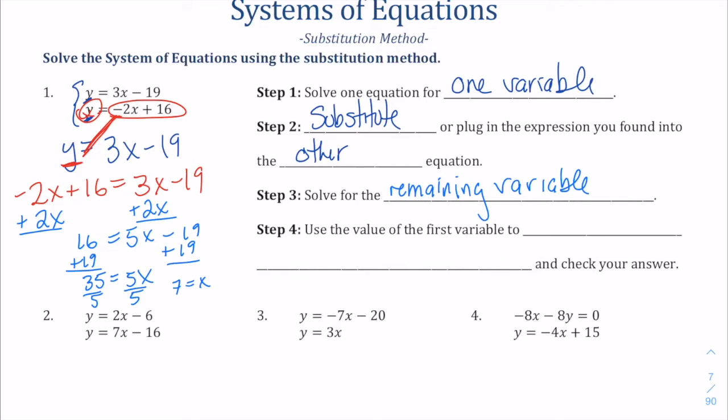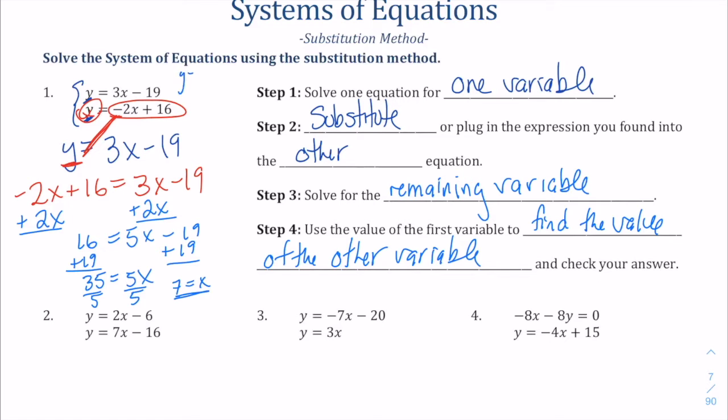We're going to use the value of the first variable to find the value of the other variable and check your answer. So if we know x is 7, we're going to go back up into one of our equations and put in 7 for x.